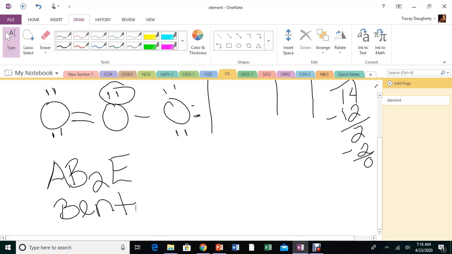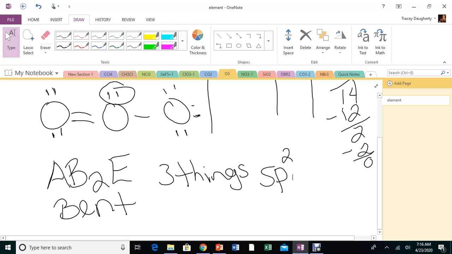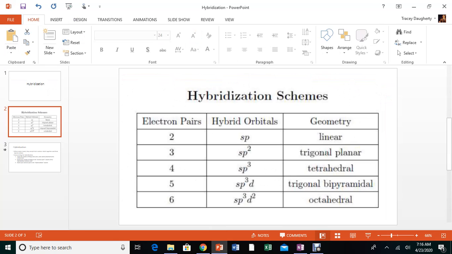O3, we have the 2 outer atoms, and the lone pair makes 3 things. So this is going to be sp2. 3 things, sp2.